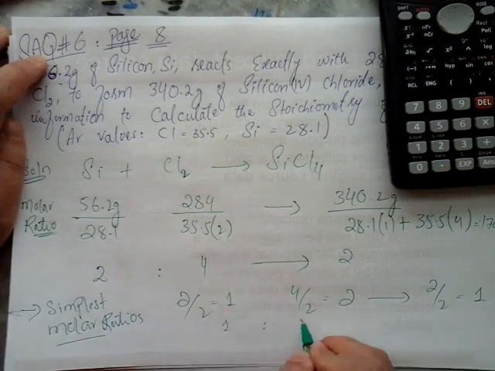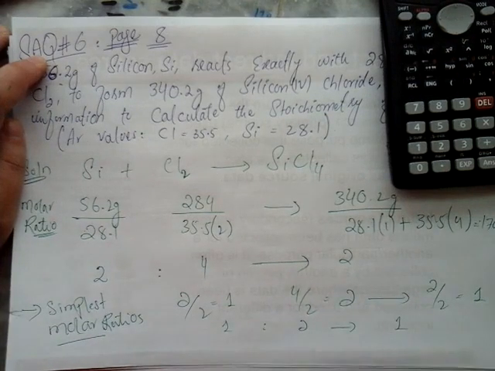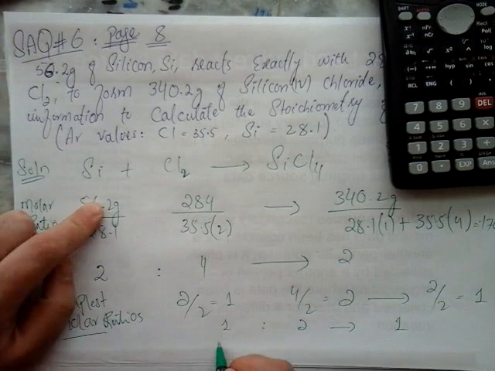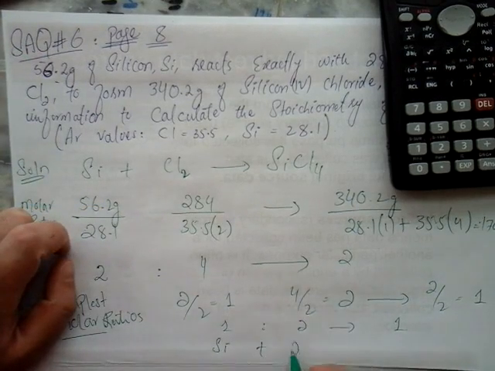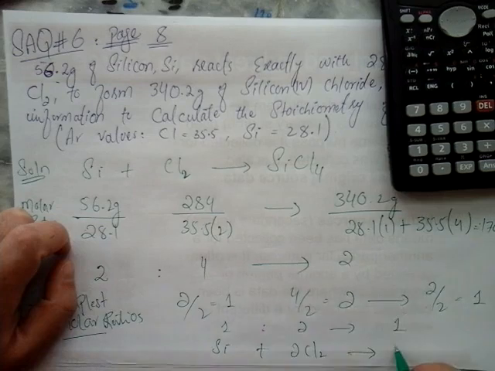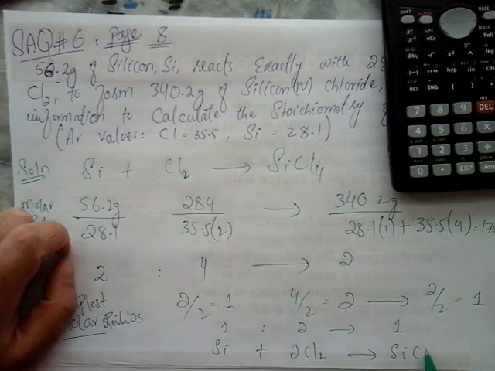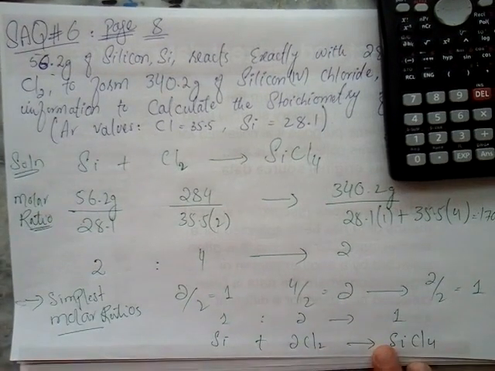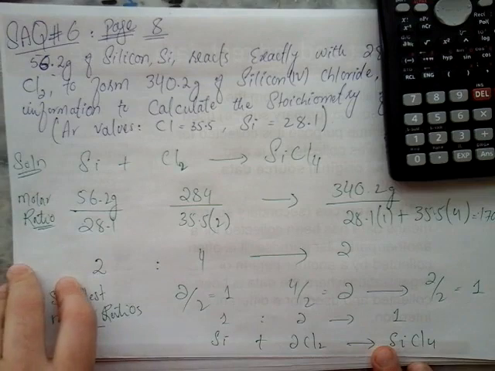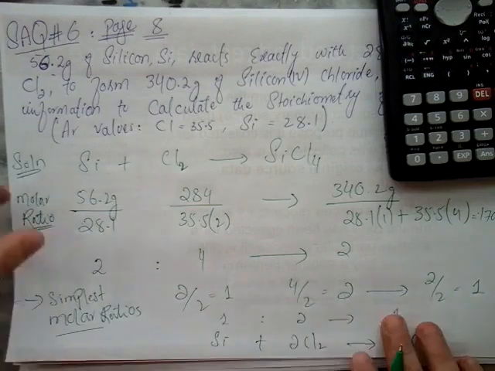So the ratio is 1, 2 and 1. So 1 here was silicon: silicon 1 plus 2 chlorine molecules gives 1 molecule of silicon tetrachloride. Keep in mind that we usually do not write the 1. While balancing any chemical reaction, we will not write 1.